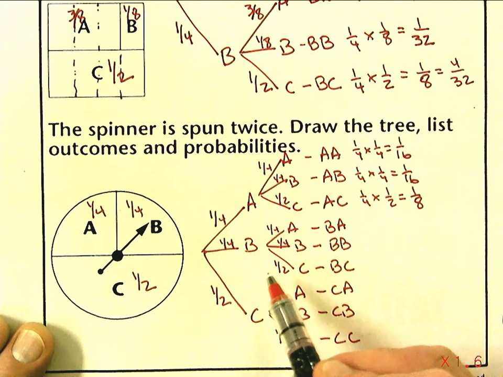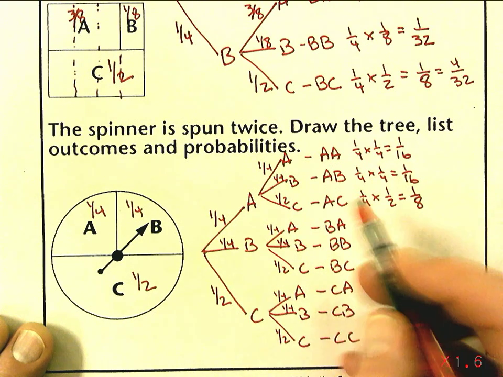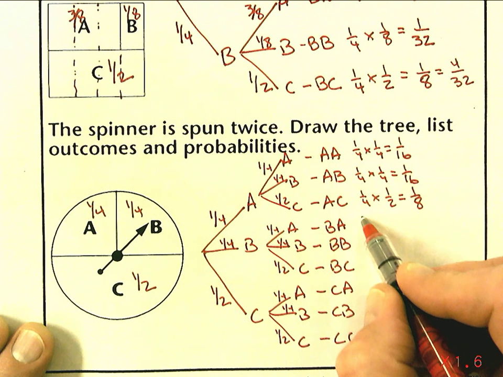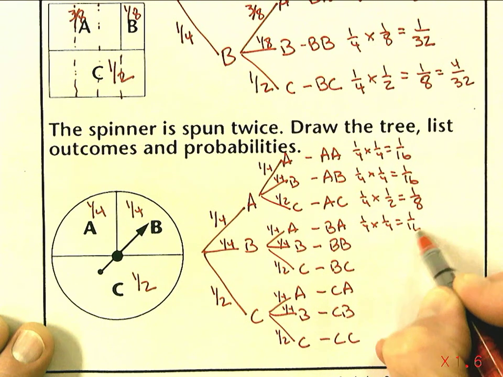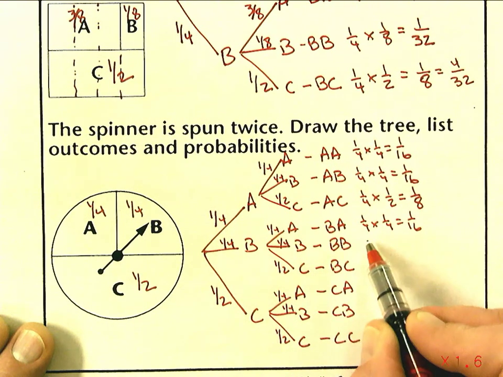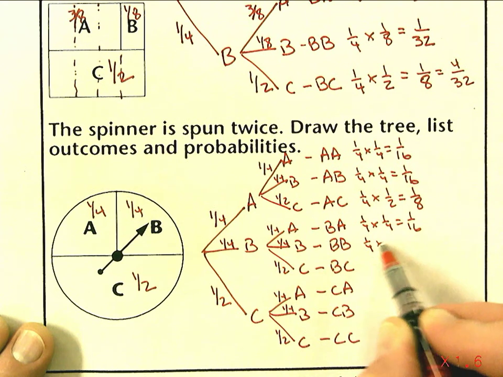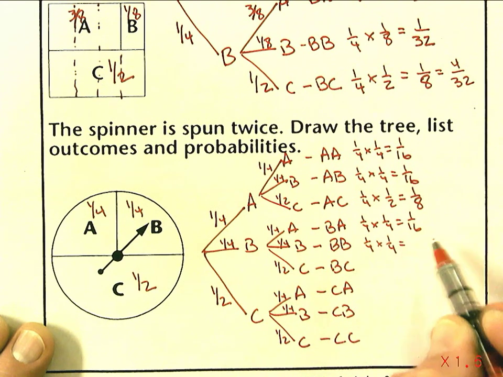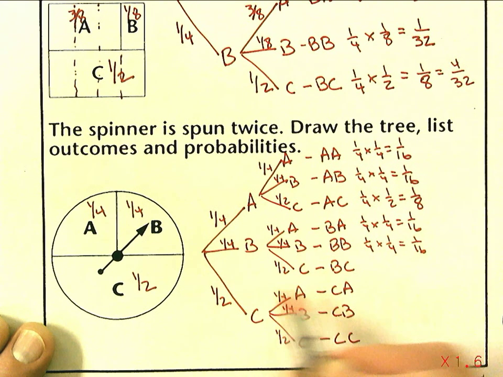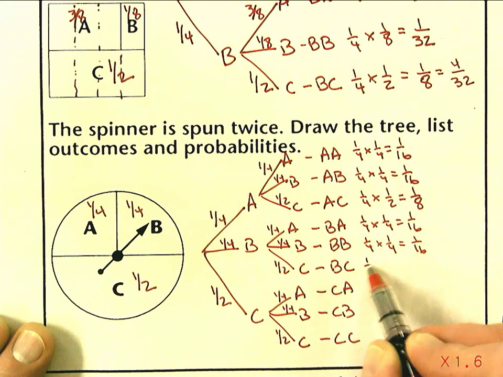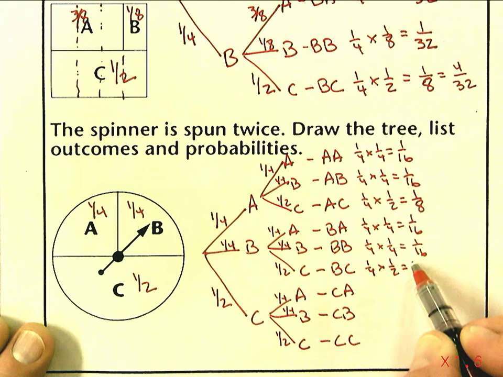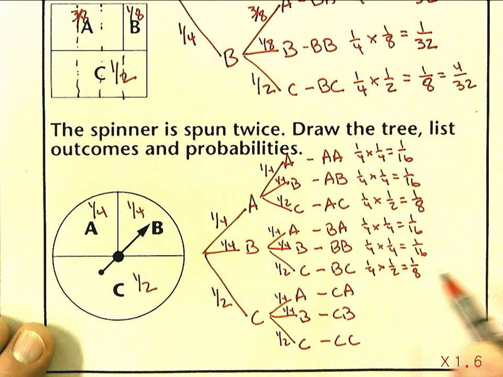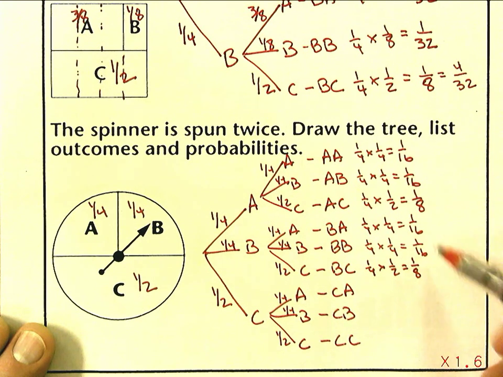As we continue on into the next one, BA, we have 1/4 times 1/4, again a 1/16, and BB is 1/4 times 1/4, which is 1/16, and BC, 1/4 times 1/2, or 1/8. So again, we have a similar set of probabilities like we had in the first set.